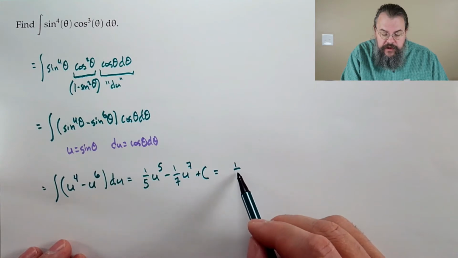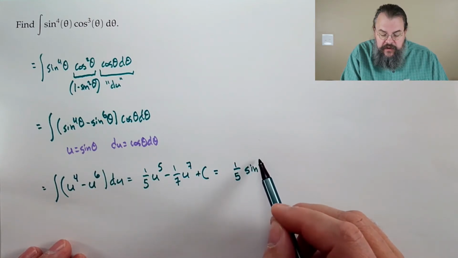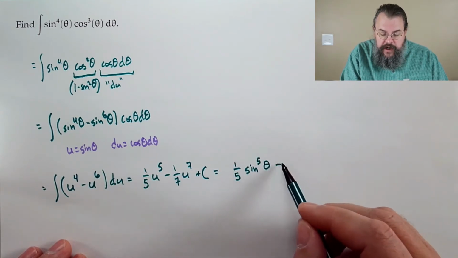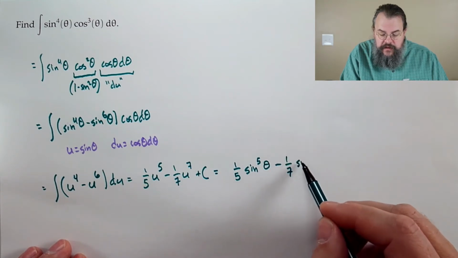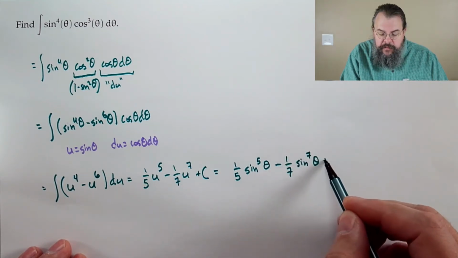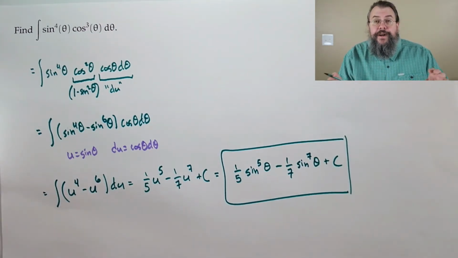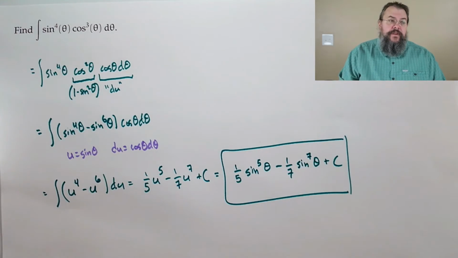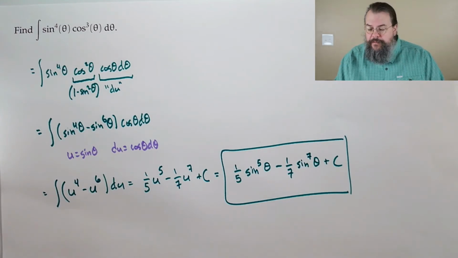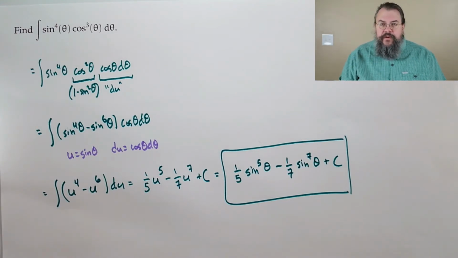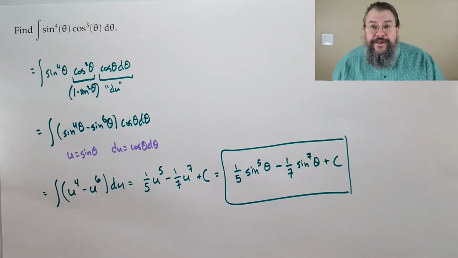So that's 1/5 sine to the fifth theta minus 1/7 sine to the seventh theta plus c. And we're done. These are really fun problems in some sense because it's really simple. When one of them is odd, whoosh, off to the side it goes, and life is good. Well, of course, there's always the question, what if that's not true?